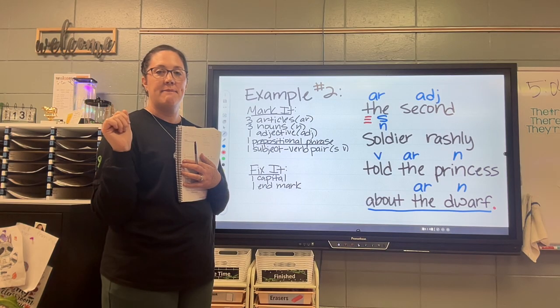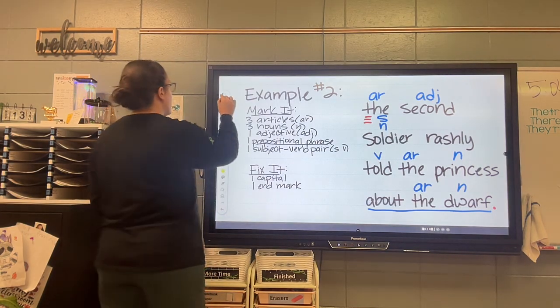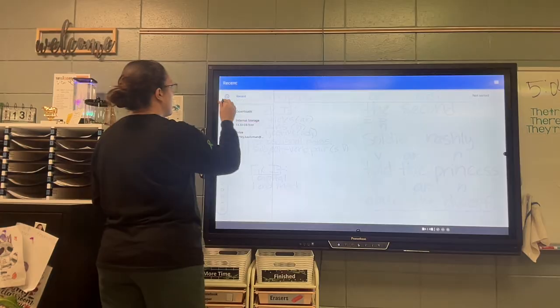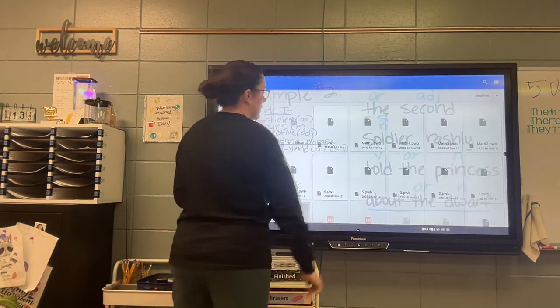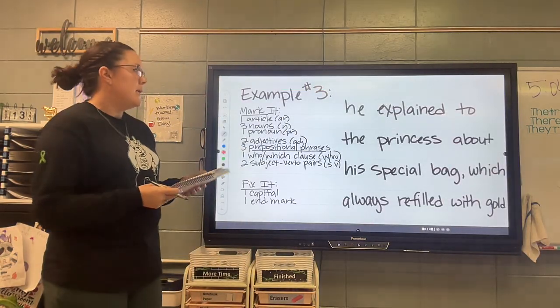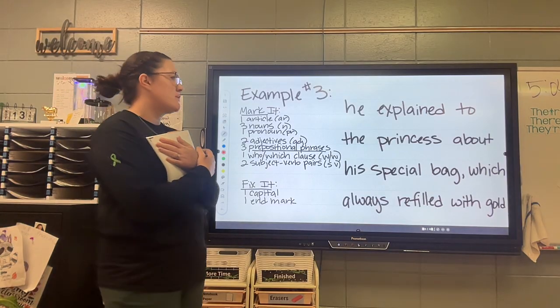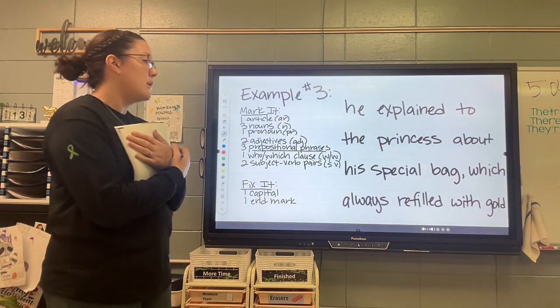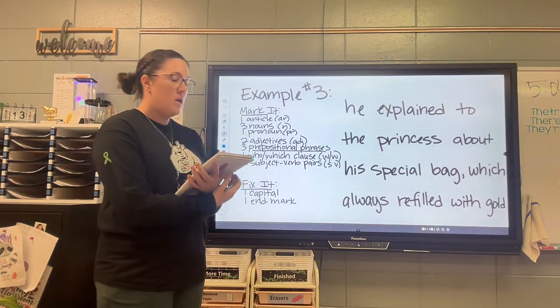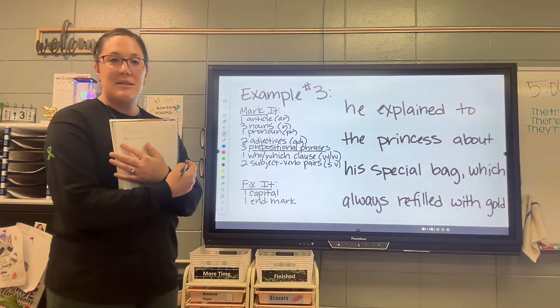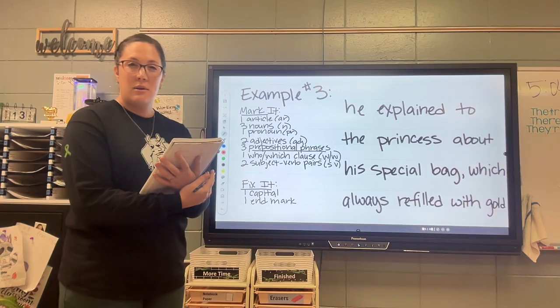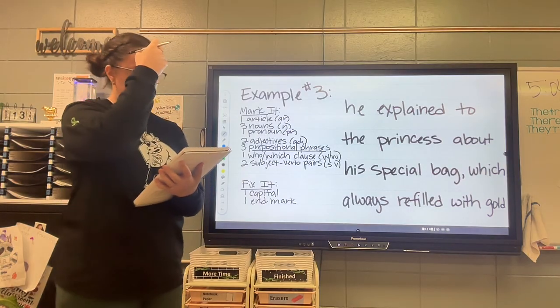Okay? Then the last bit of your homework will be trying one on your own. Okay? So here's your sentence for today. He explained to the princess about his special bag, which always refilled with gold. So our vocab word in this sentence is explained. Think about what explained means.